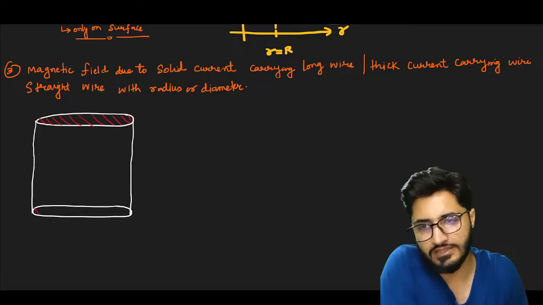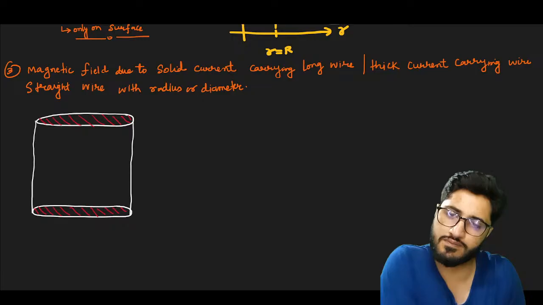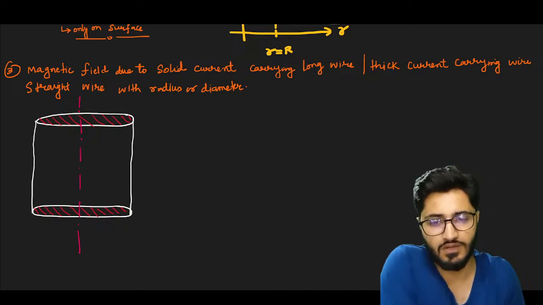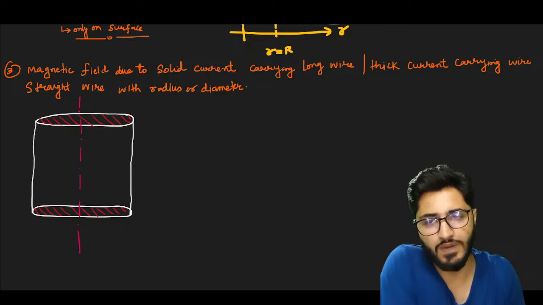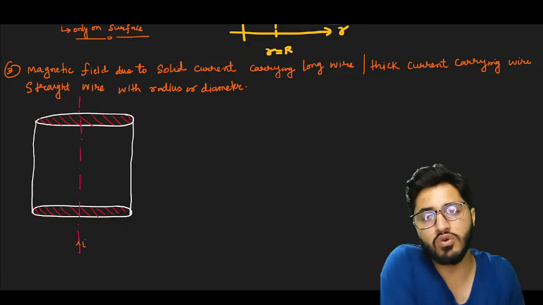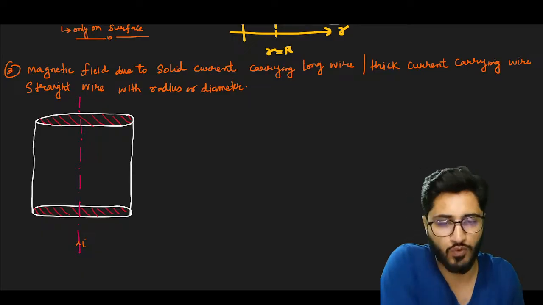This material is inside, filled. It is not hollow inside. Symmetrical axis. Now, first part, if you are giving current I, the current I will flow throughout the volume.